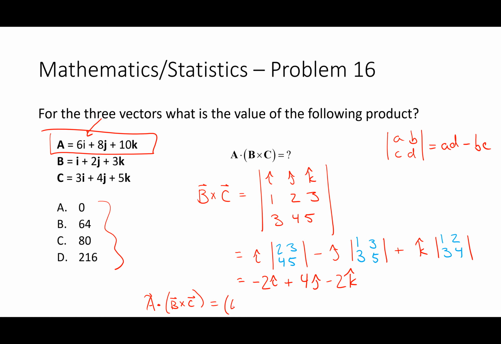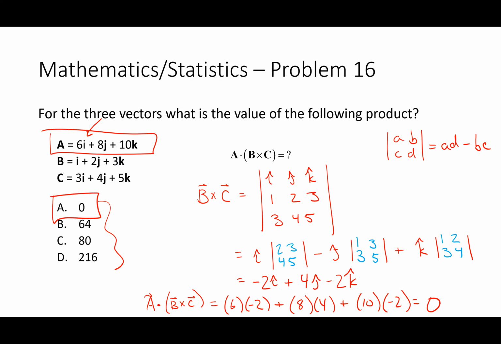So 6 times 2 is minus 12, 8 times 4 is 32, 10 times 2 is negative 20. That actually comes out to 0.